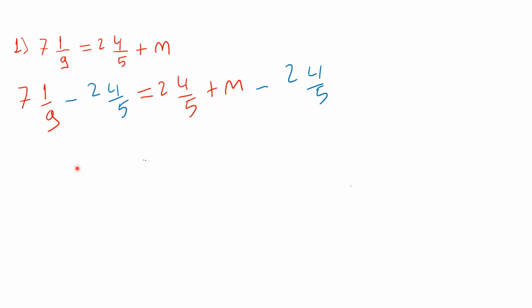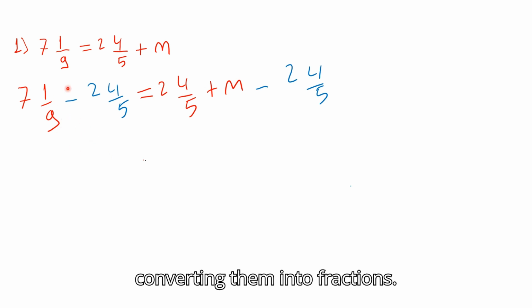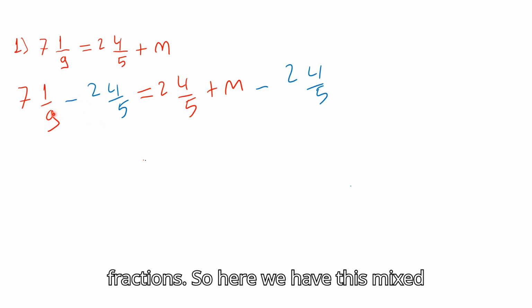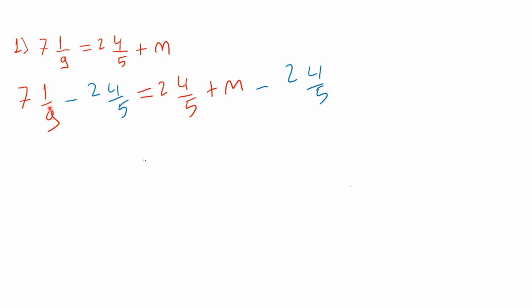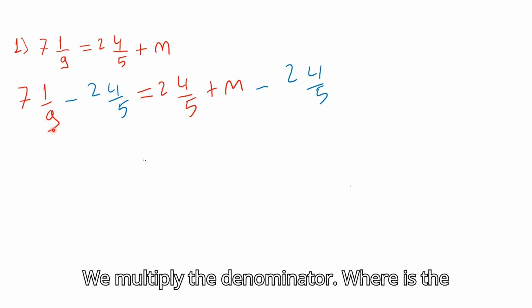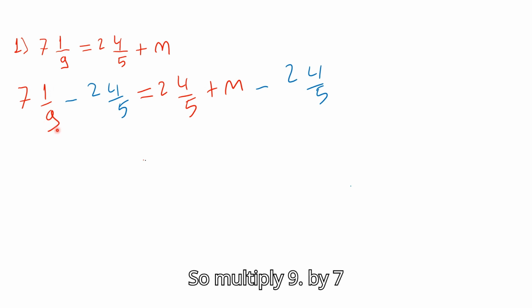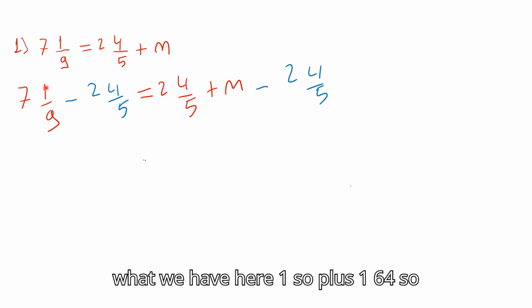Now, what do we have here? We have mixed numbers. I prefer to solve mixed numbers by converting them into fractions. Let's convert the mixed numbers to fractions. Here we have this mixed number, 7 1/9. How can we convert this to a fraction? We multiply by the denominator. Where is the denominator here? Multiply 9 by 7 equals 63, plus this number, 1, so plus 1, 64.